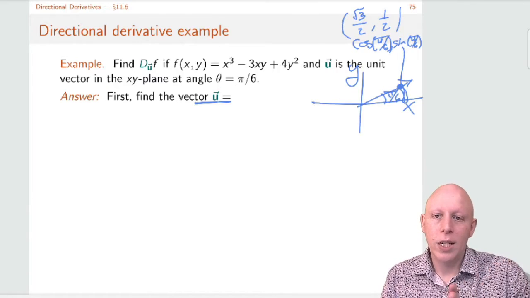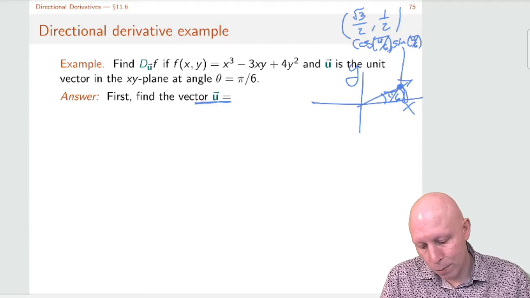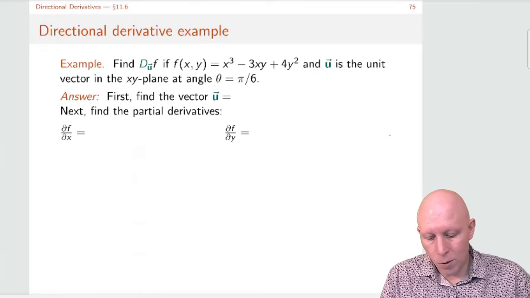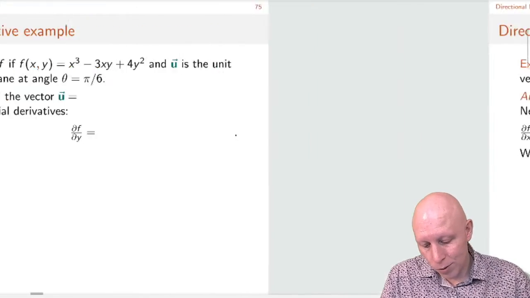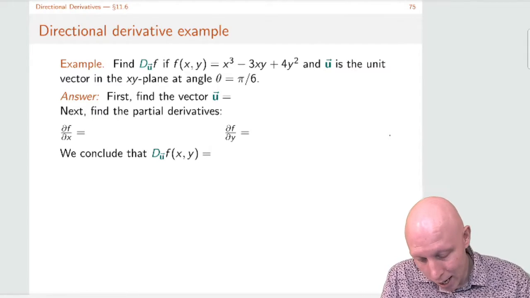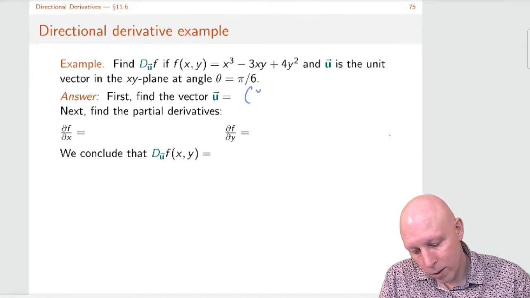That's our vector, the pure direction vector in that direction. So once we have that vector, and once we have the partial derivatives, we can write down what our D_u f is. So we get root 3 over 2, comma 1/2.